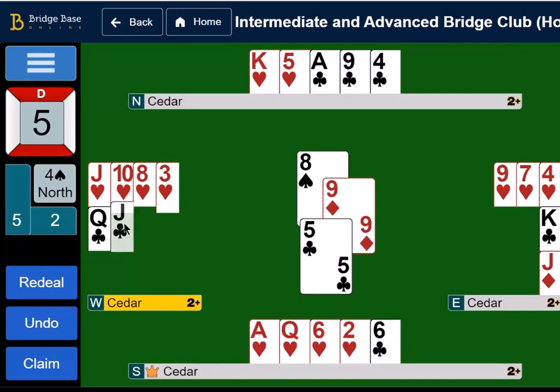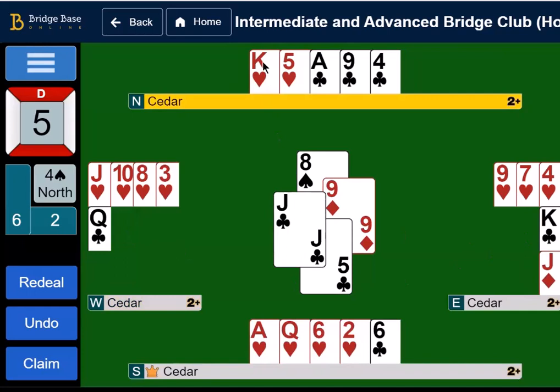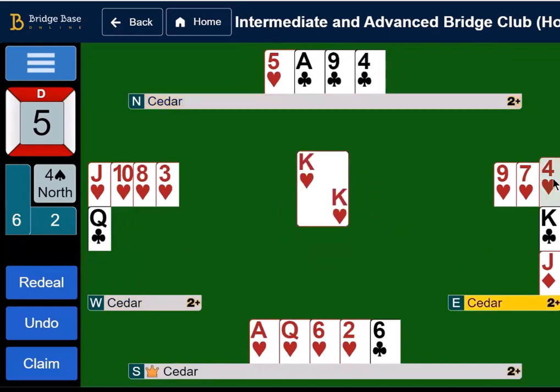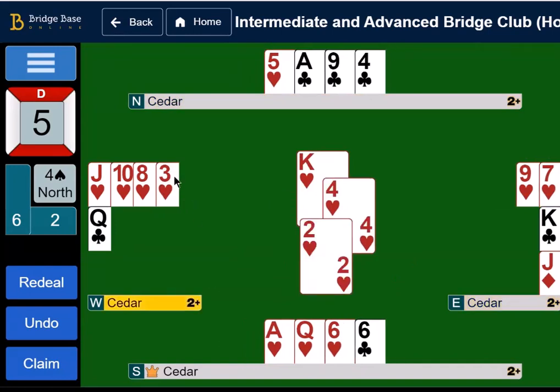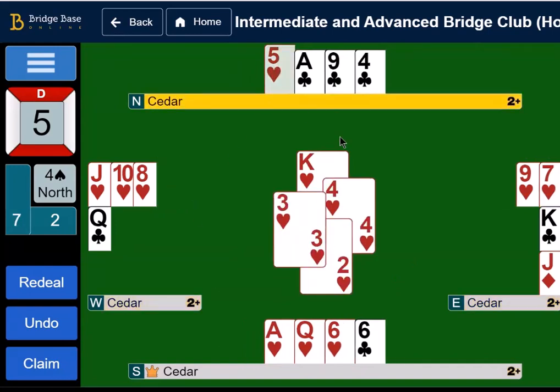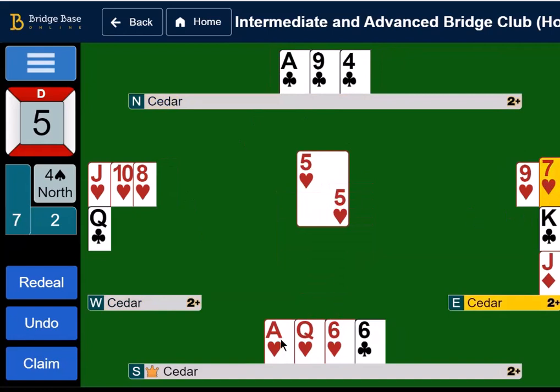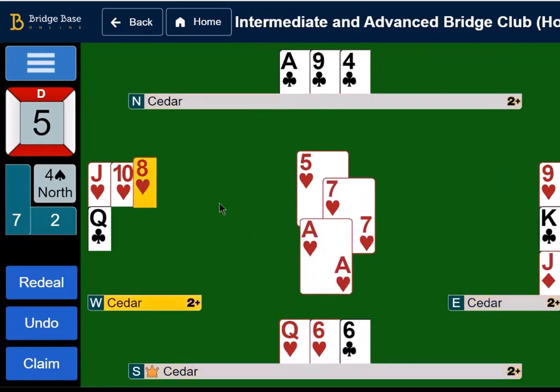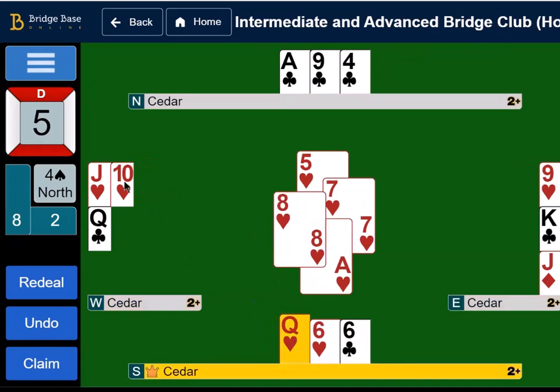Yes, he'd probably throw his club away and hope that partner is looking after the club suit. And then from my point of view, I'd finish off the squeeze by cashing that winner and crossing over to the table to be with my single winner, which is now the 6 of hearts.